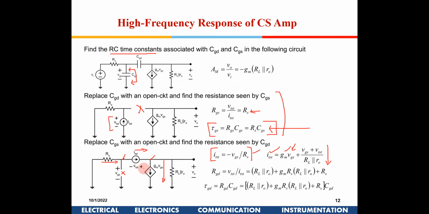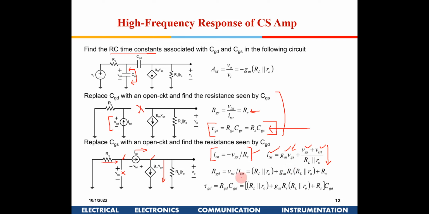So it will be VGS plus V test voltage. So the net voltage out here will be that divided by this resistance. So V out is nothing but this voltage plus this voltage. So I have this equation and this equation, right.